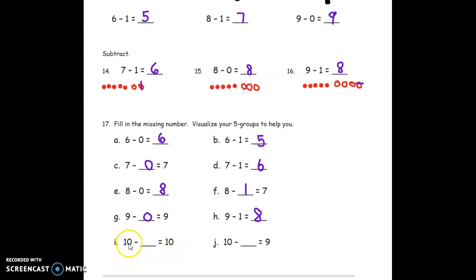They are the same number, so we take away how many? Right, we take away 0. 10 subtract how many equals 9? How many did we take away to go down to number 9? We took away 1.